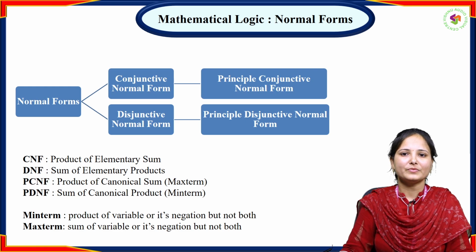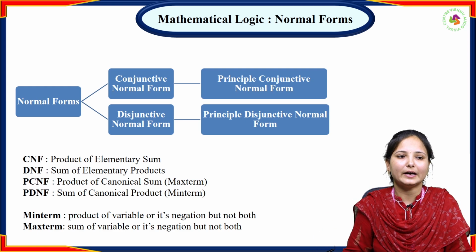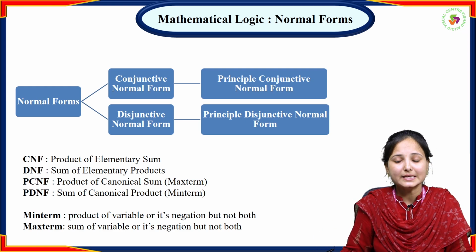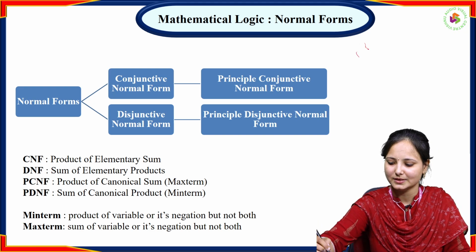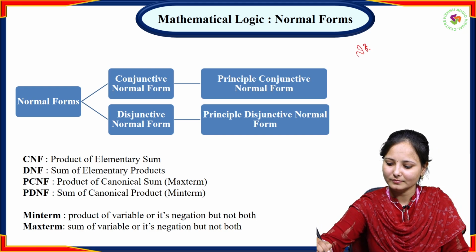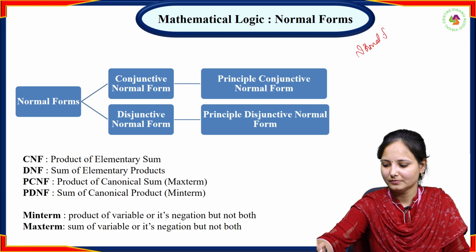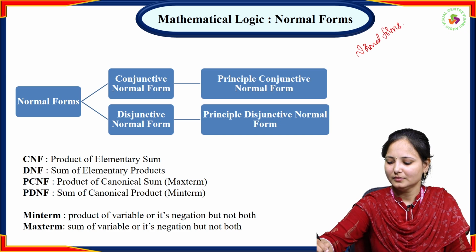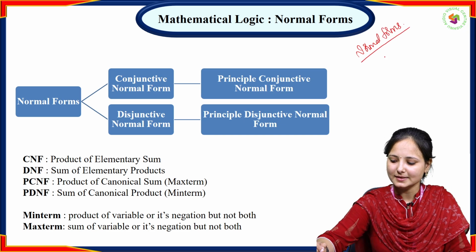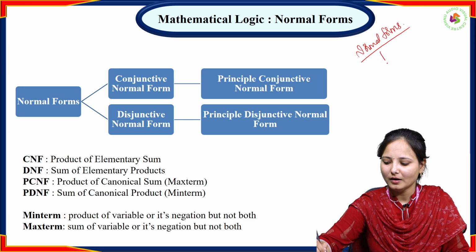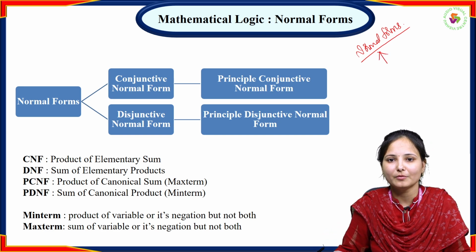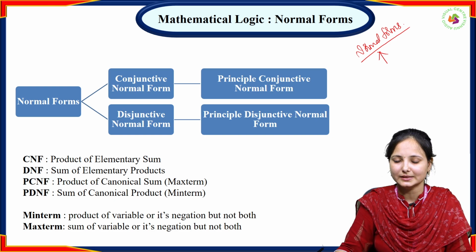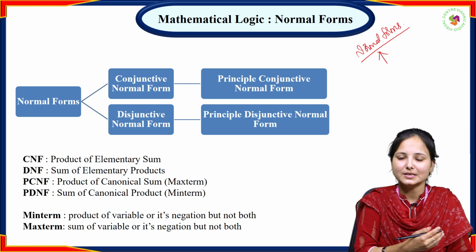What is normal form? For finding the decision of a problem, instead of using truth tables, we are going to use normal forms. When we take more propositions, it becomes a little difficult to use truth tables.